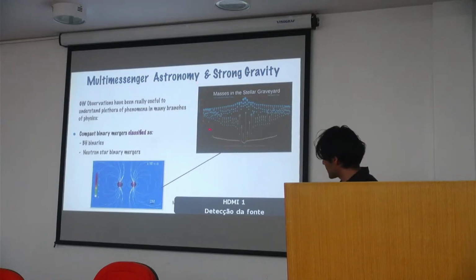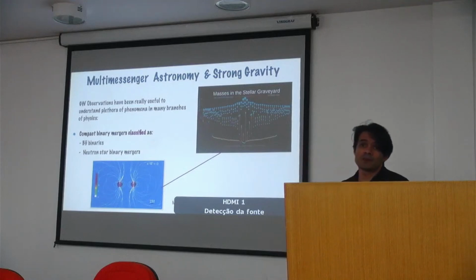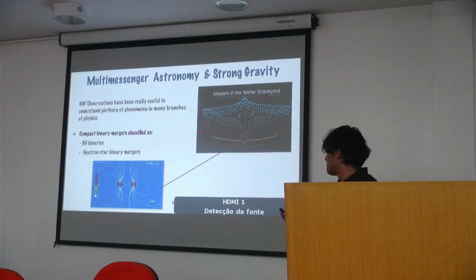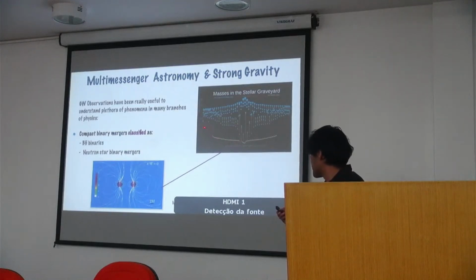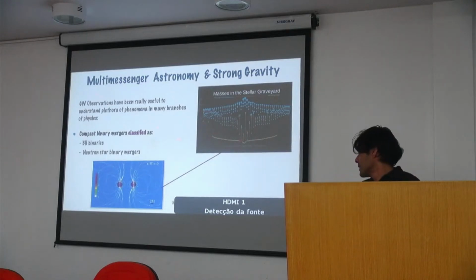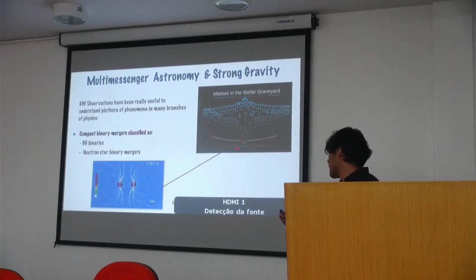These are the little reddish points that you see here. We have seen black holes with masses between around 5 solar masses and 20 solar masses. And also we have seen Newton stars with masses between around 1 and 2 solar masses. And once again, this is electromagnetic radiation.